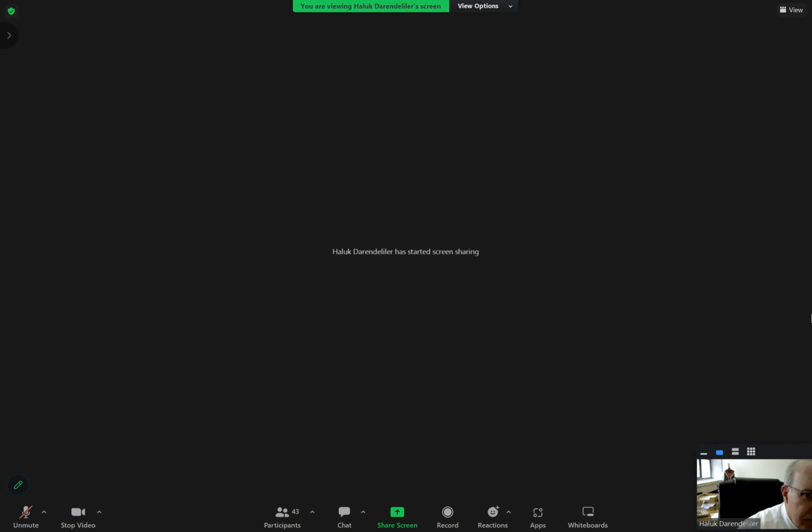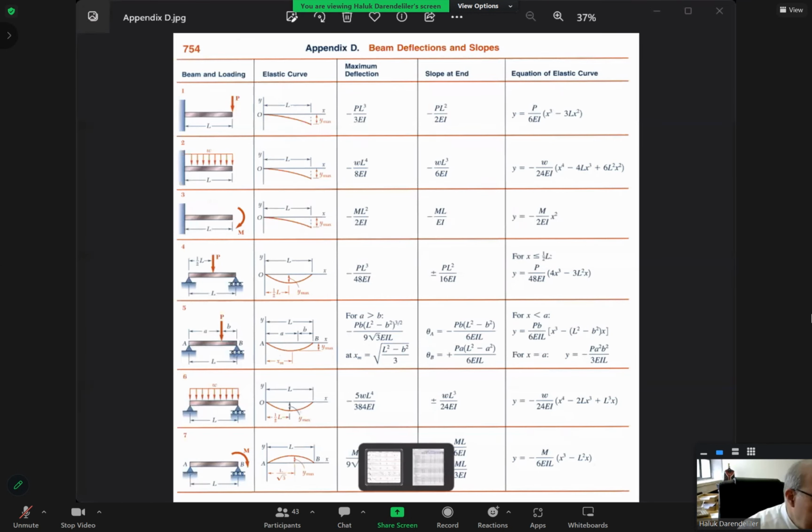Which case is similar to your loading? The second one? No, the first figure, the first one.